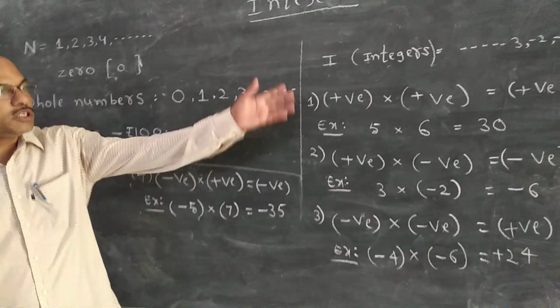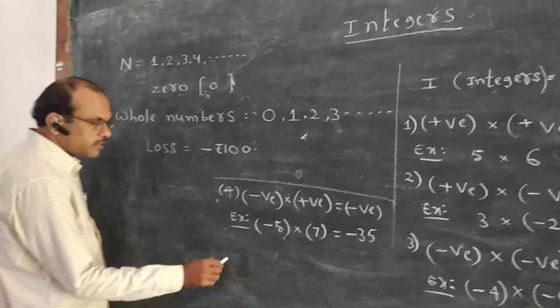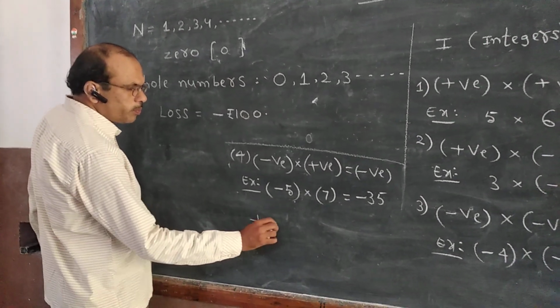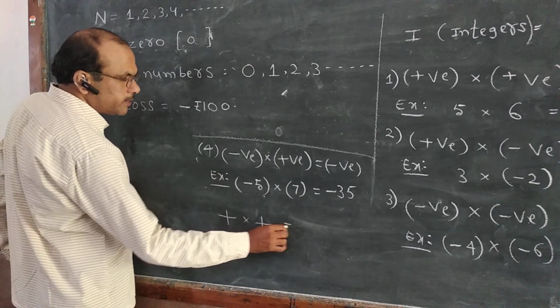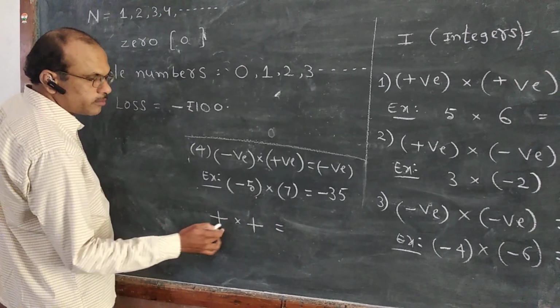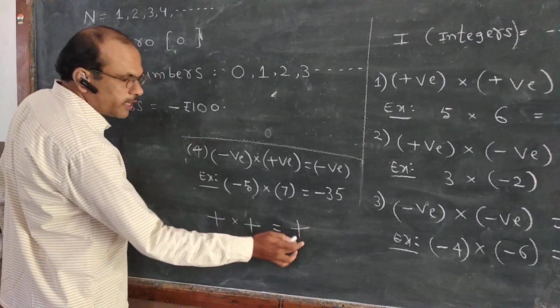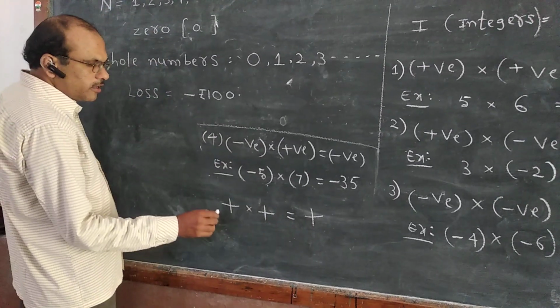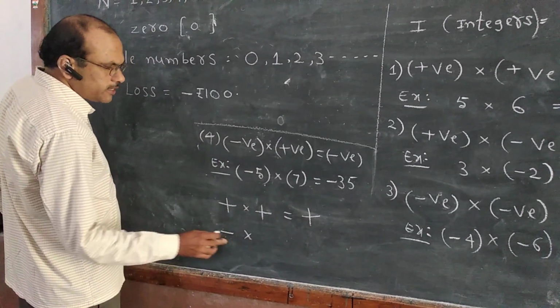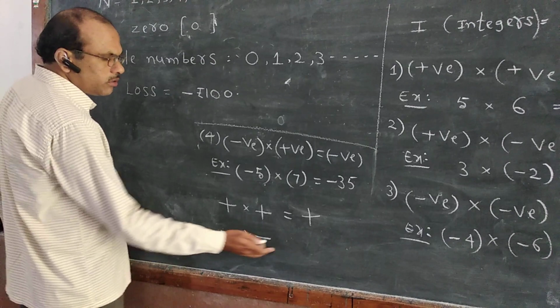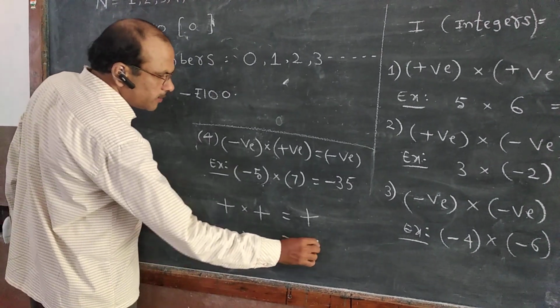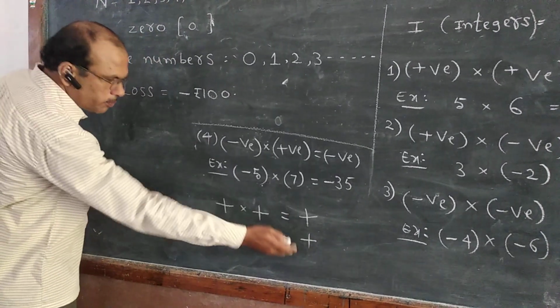By these examples, we can conclude that if two positive symbols are multiplied, the result will be a positive integer only. If two integers with negative symbols are multiplied, the result will again be positive only.